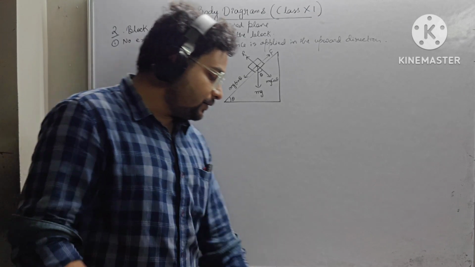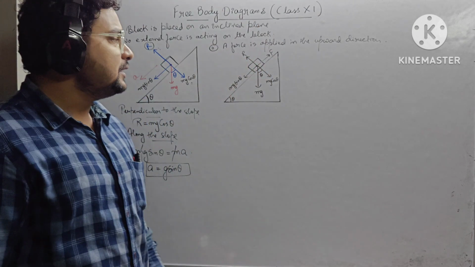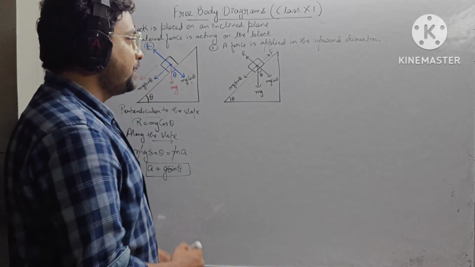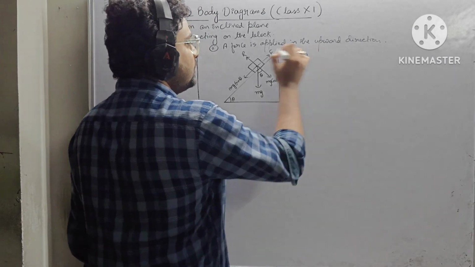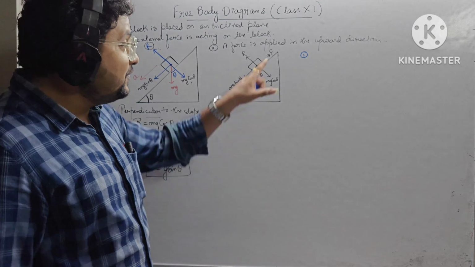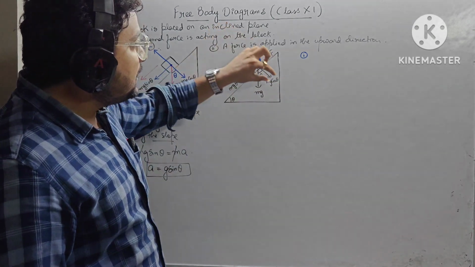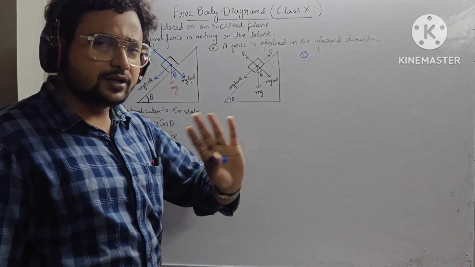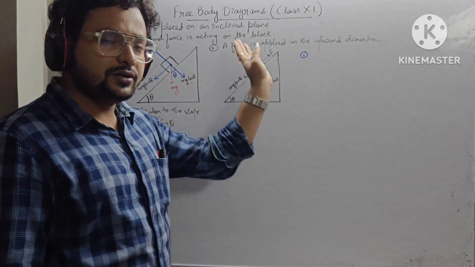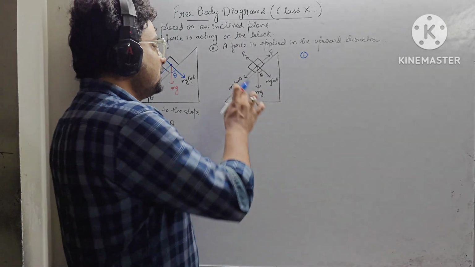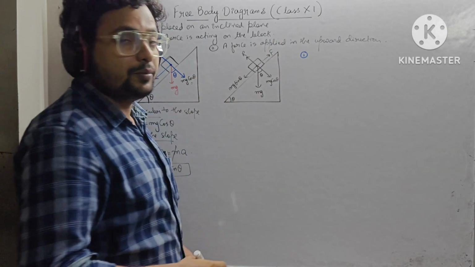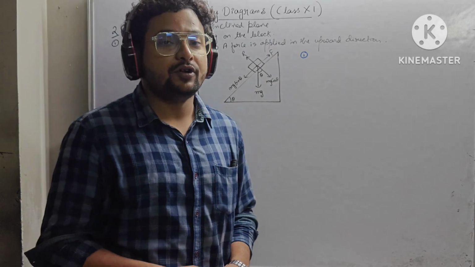Okay. Now what is going to happen? You see, from here there can be two cases. Number one. R and mg cos theta will be balanced. They are perpendicular to the slope, so they are going to be balanced. But this mg sin theta and this F are acting in the opposite direction. Now, two things can happen from here.